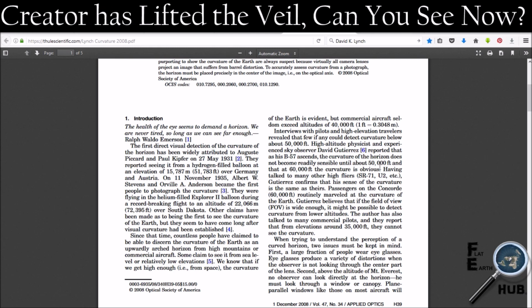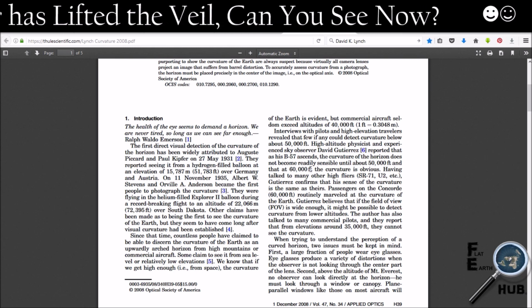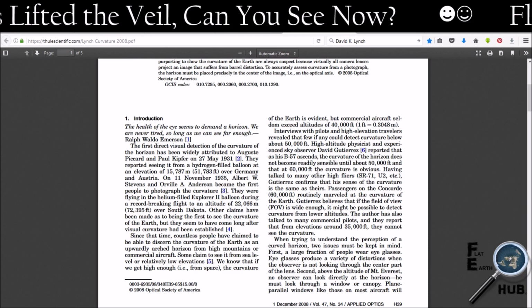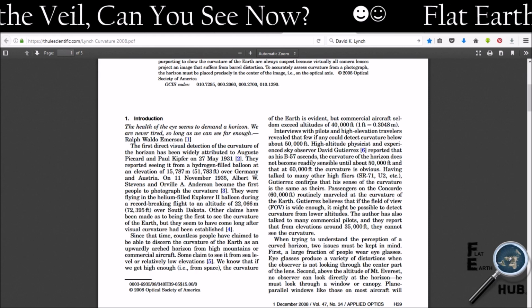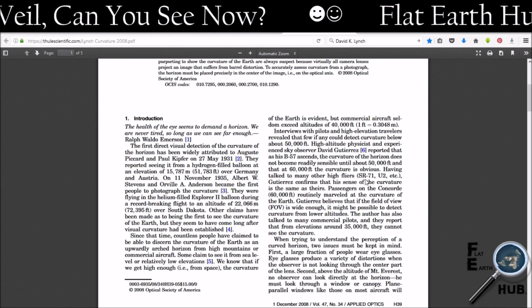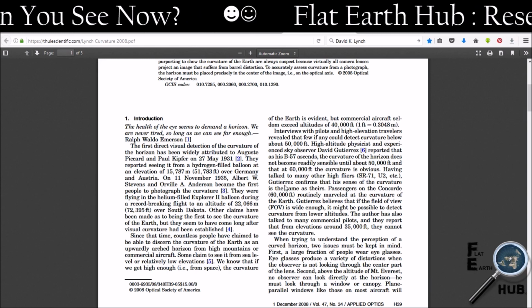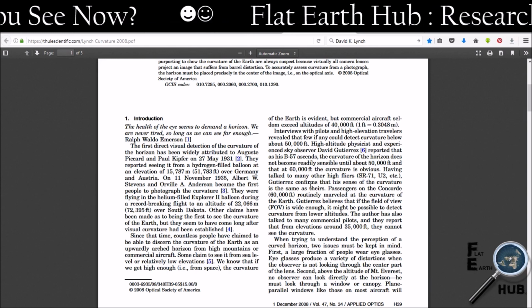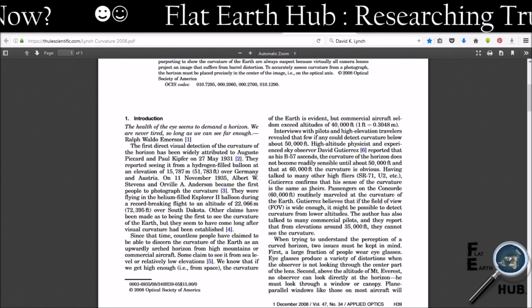And we have footage from above that altitude with our high altitude balloons. They go up to anywhere from 100,000 to 120,000 feet. Having talked to many other high flyers, the SR-71, U-2 spy plane, etc., Gutierrez confirms that his sense of the curvature is the same as theirs.